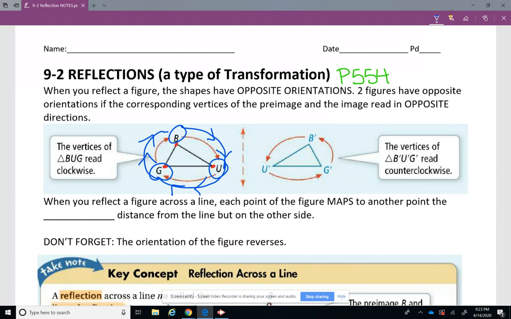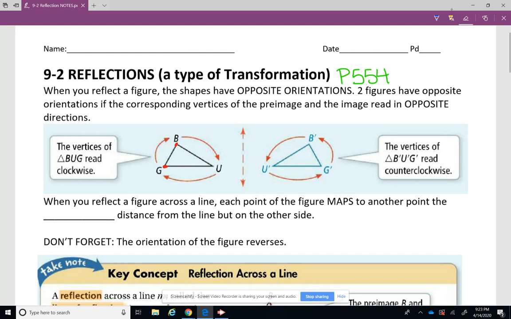Now, triangle B prime, U prime, G prime reads counterclockwise. Watch this. B prime, U prime, G prime. That is counterclockwise. All right, so if you see two figures like this, a pre-image and an image, and you see that they read in opposite directions, then you can tell it's a reflection.